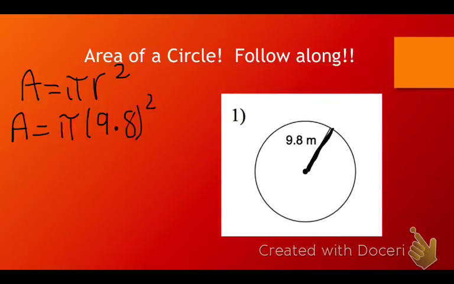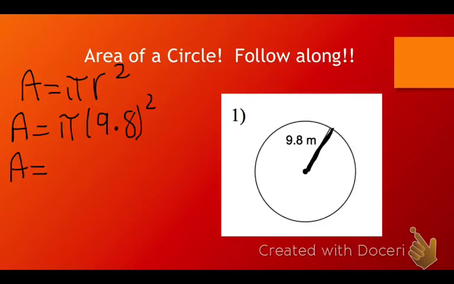If I think about order of operations, exponents come before multiplication, so I square first. So A equals, in my calculator, I'm typing in 9.8 squared, or 9.8 times 9.8. It's up to you. And I get 96.04. I'm not going to simplify that yet.